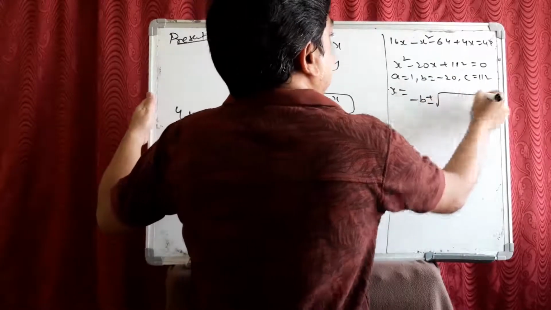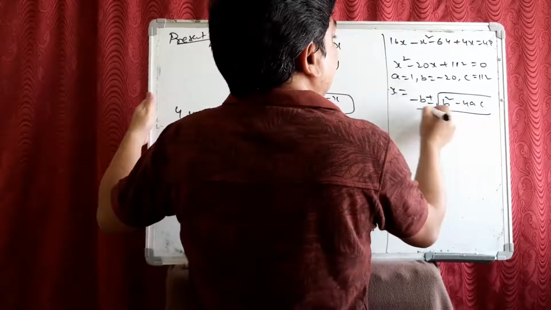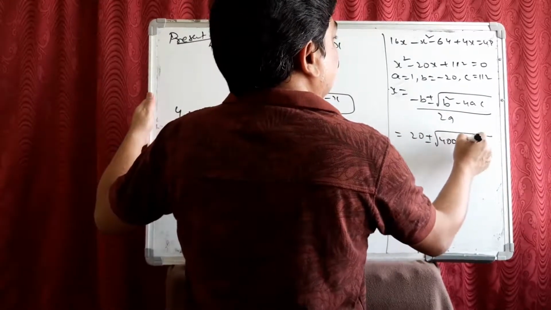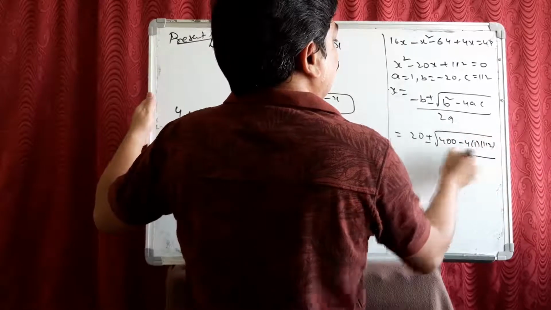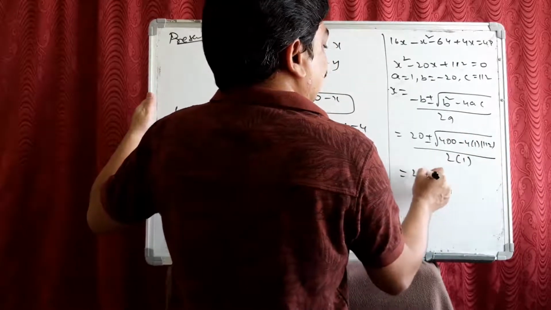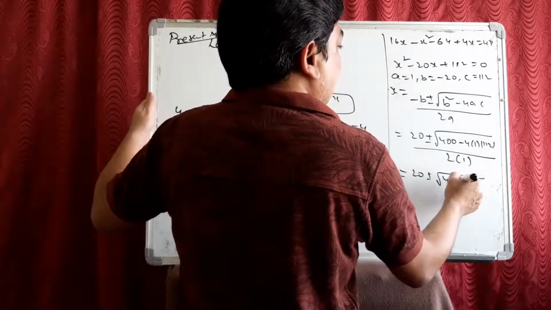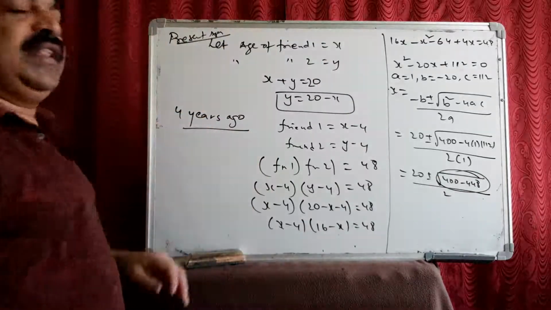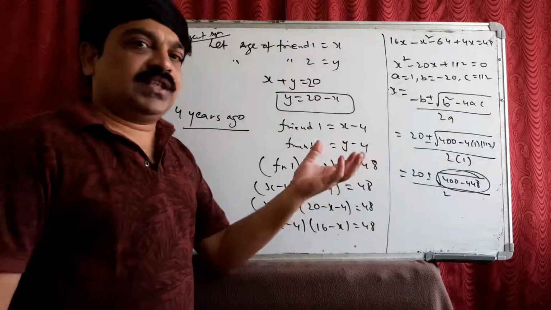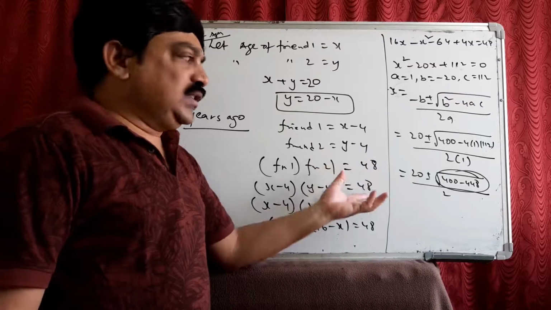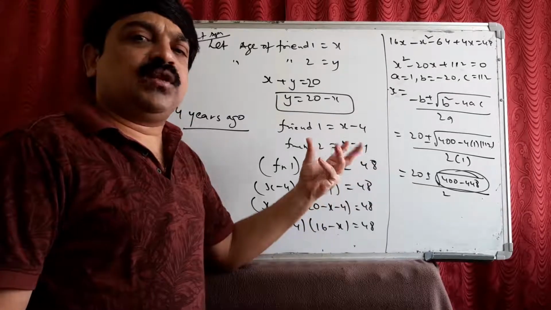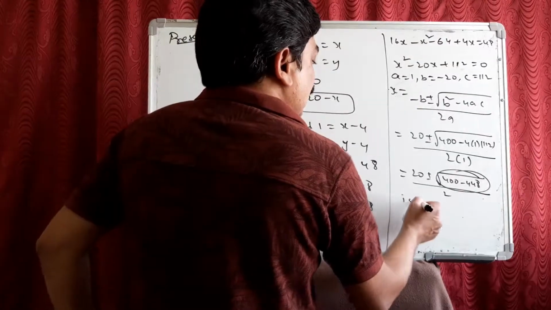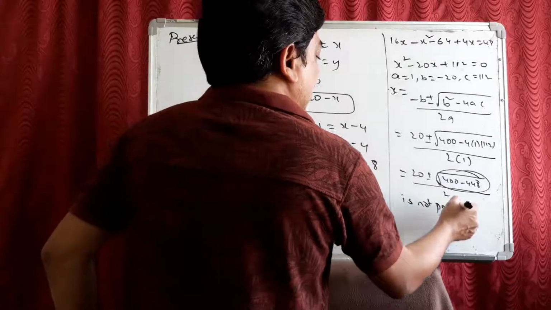Minus b plus or minus root of b square minus 4ac by 2a: 20 plus or minus root of 400 minus 4 into 1 into 112 by 2 into 1. 20 plus or minus root of 400 minus 448, which is negative. When the negative value is there under the square root, the whole system does not exist. That means the roots do not exist. The roots do not exist in the sense the situation is not possible.